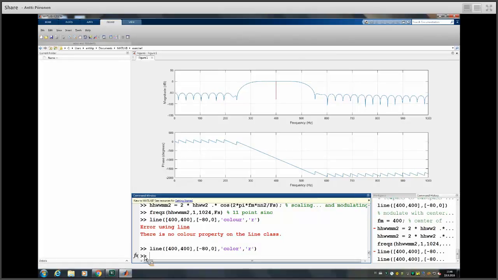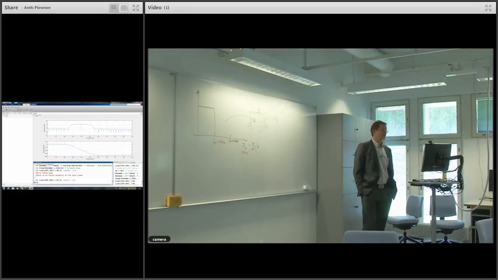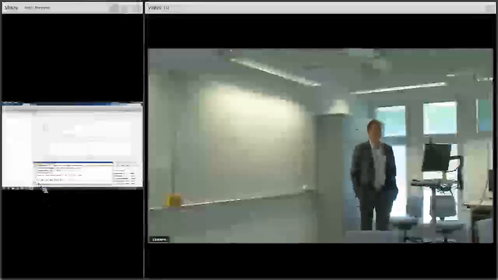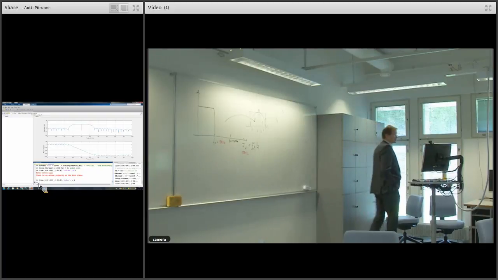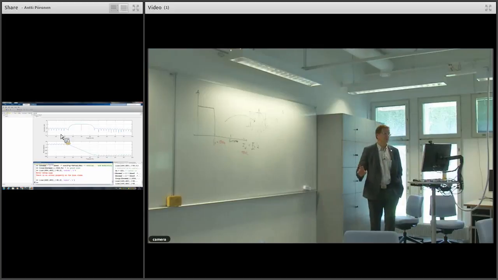I multiplied it by 2, so the filter is still a unity gain. And yes, the bandwidth is actually double of the cutoff frequency of the original low-pass filter. But the stop band attenuation stays rather the same as it was for the low-pass filter. For low-pass filter, it was 60 dB, and this also has roughly the same stop band attenuation. Some modification has been done here, but nothing big to worry about.